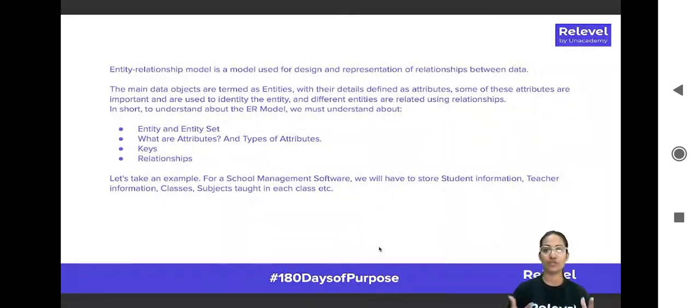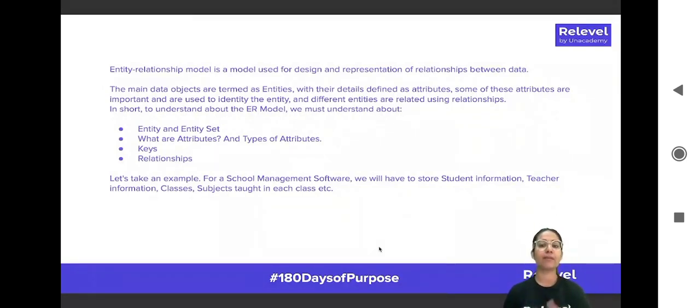The main objects of concern in this data are termed entities, with their detailed characteristics known as attributes. Some of these attributes are very important as they are used to identify the entity. For example, if student is an entity, then attributes like age and name are important because they actually identify what the entity is, right?